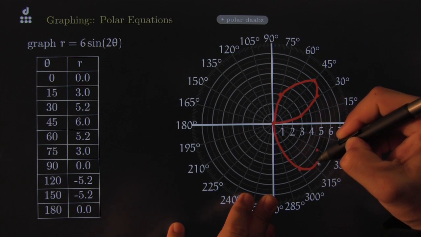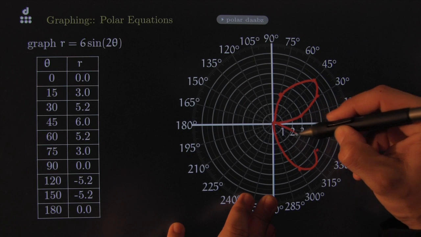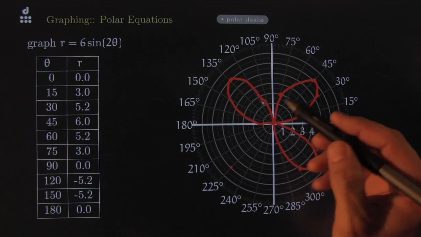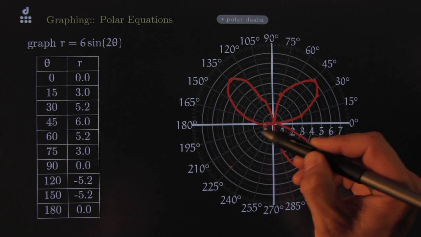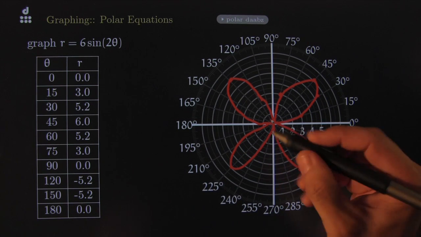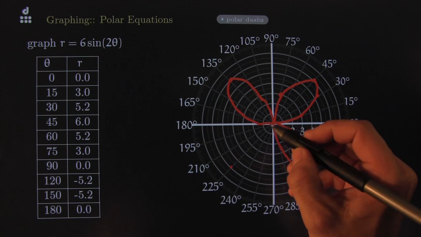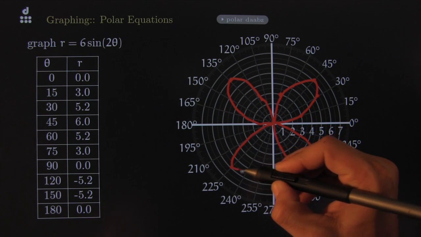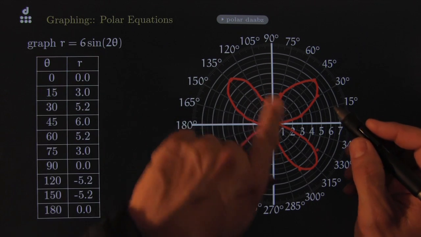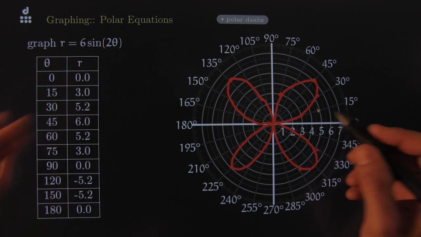You're tracing another little petal like this. And of course you keep going, so you're going to be tracing out these petals. The more points you plot, the better your graph will be. Something like this. There you go, famous rose with 4 petals for 6 sine of 2 theta.